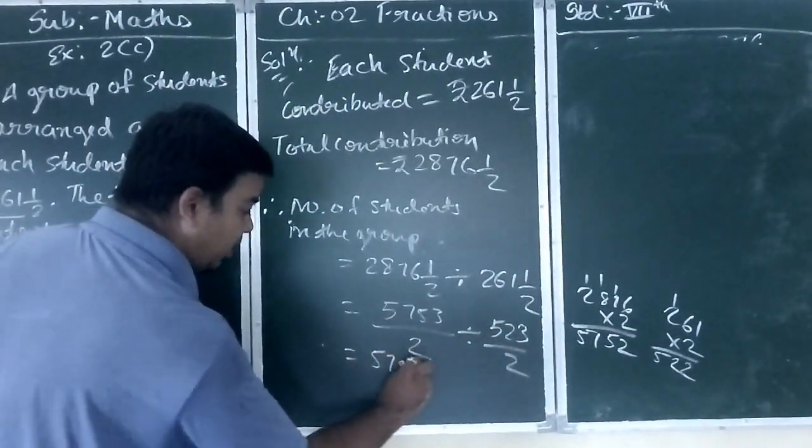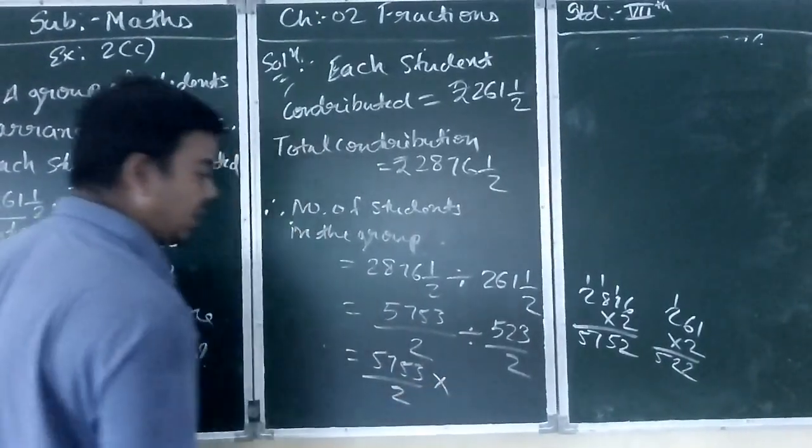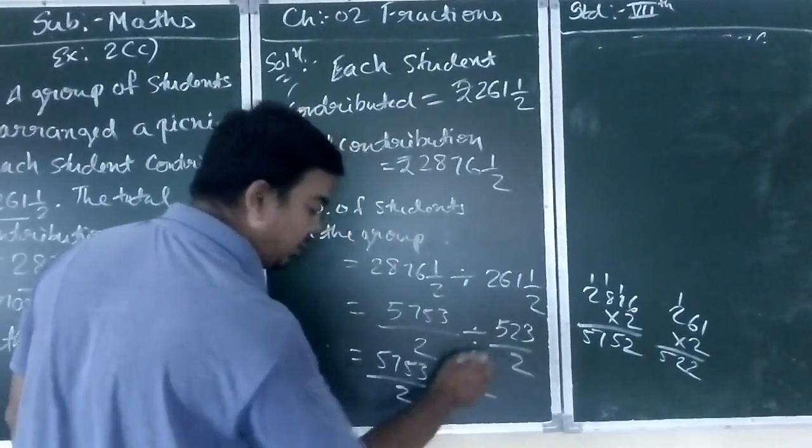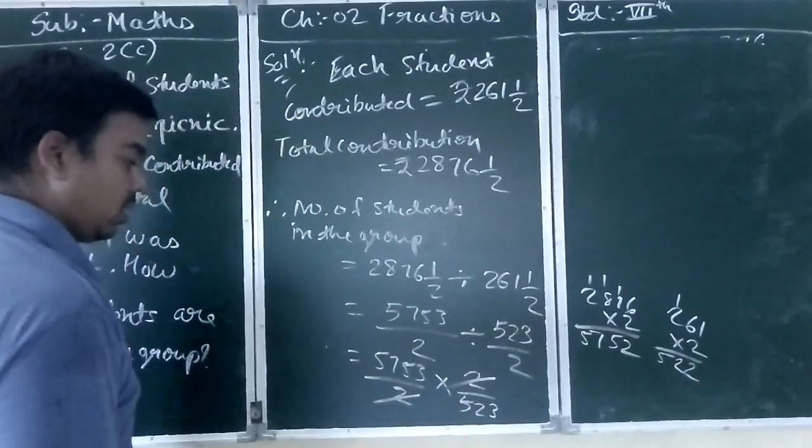Now 5753 by 2, divide sign changes into multiplication and 2 by 523 becomes its reciprocal. So 2 and 2 are cut.